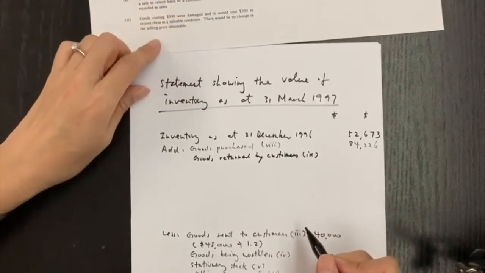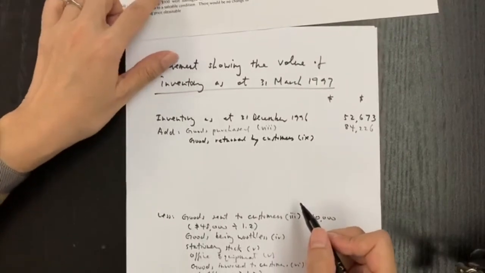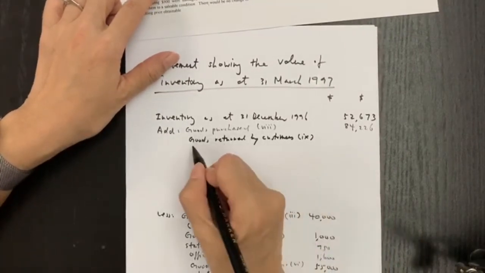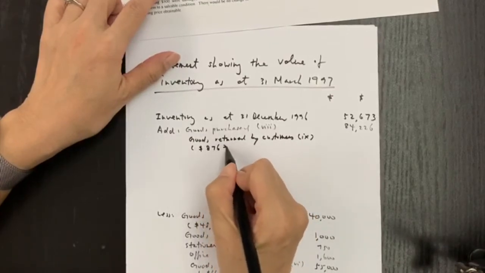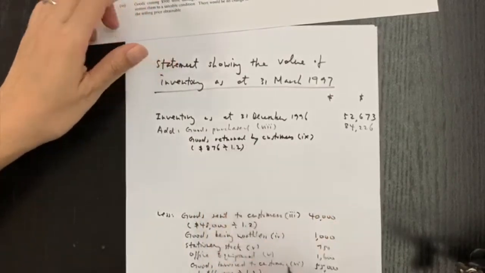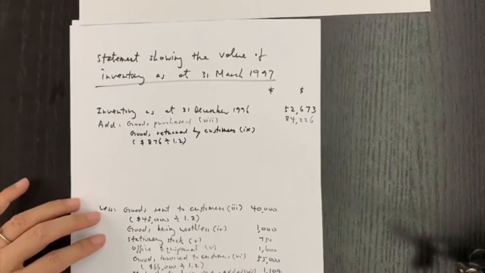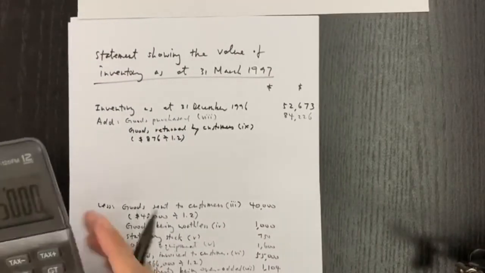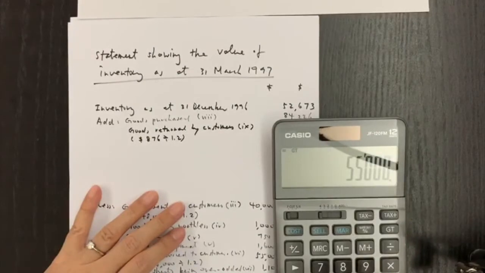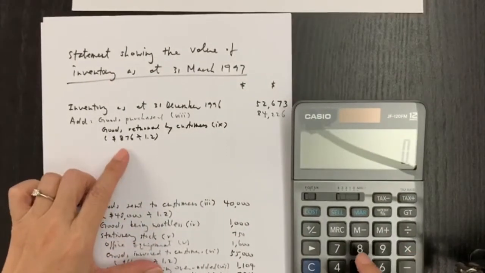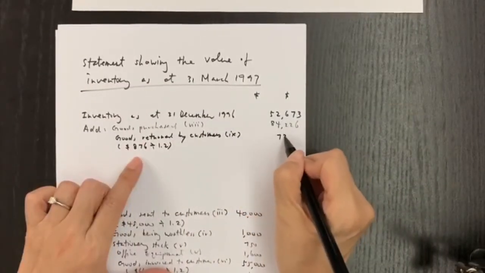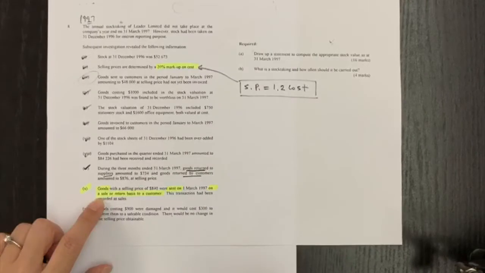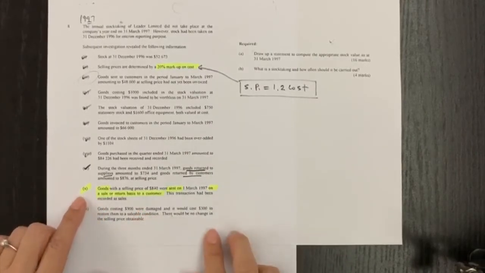Since this is at selling price, and inventory is always recorded at cost, how do we convert that? 876 divided by 1.2 to change that back to cost. Let me use my calculator. That gives 730.